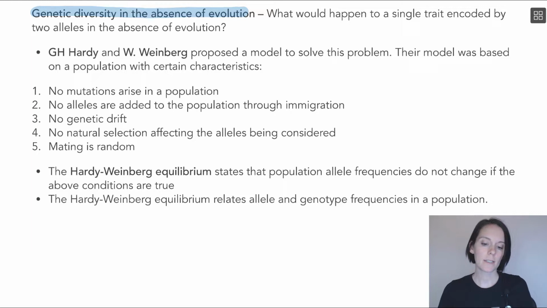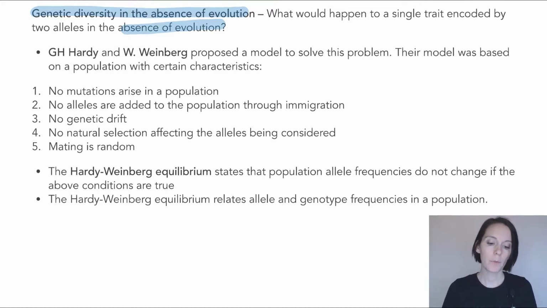So basically they ask the question, what would happen to a single trait or a single gene encoded by 2 different alleles in the absence of evolution? Okay, so if there's no natural selection, if there's no mutations, if there's no competition, there's no evolution happening, then how is the allele frequency going to change over time? Okay, so Hardy and Weinberg proposed a model to solve this problem.